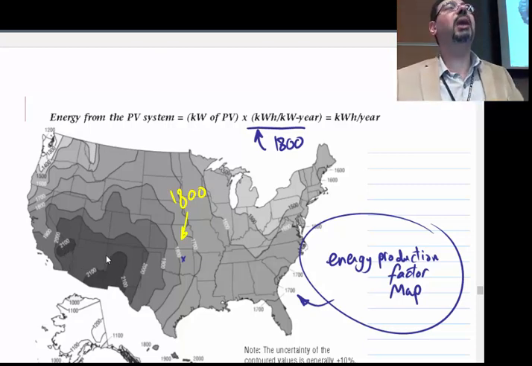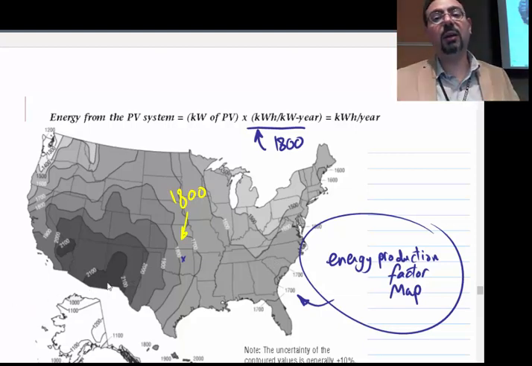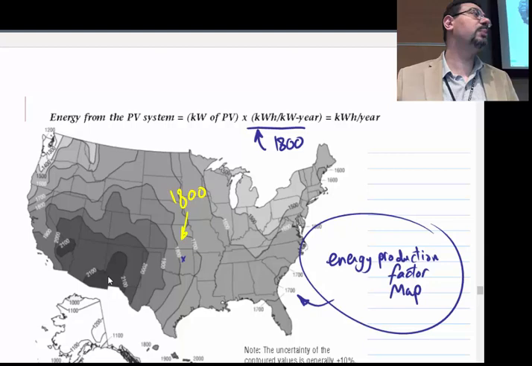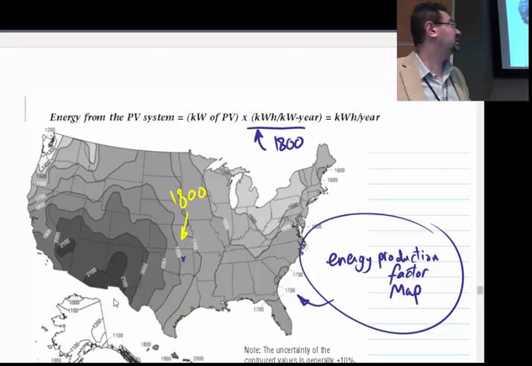Okay, so what do we get from all this discussion? Seasonal variation and cloud cover make different places respond differently to the PV panel sitting on top of the roof. The number that we want is from this chart. This is the regional factor, hour per year or hour per month. The unit will be kilowatt hour per kilowatt year or kilowatt hour per kilowatt month.